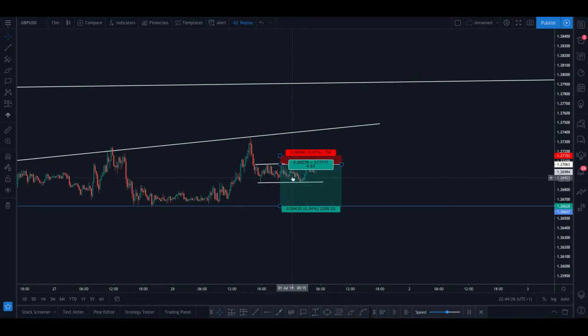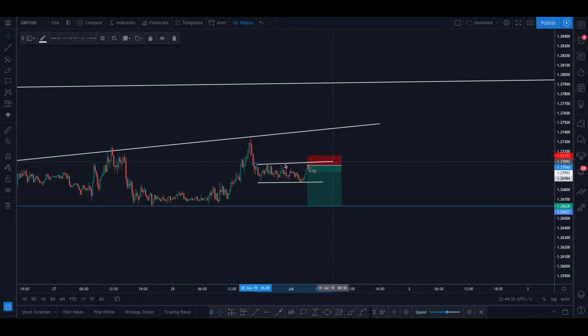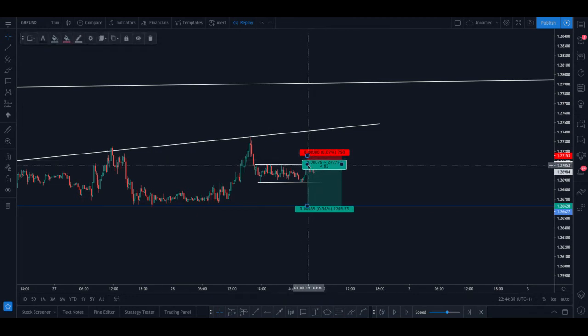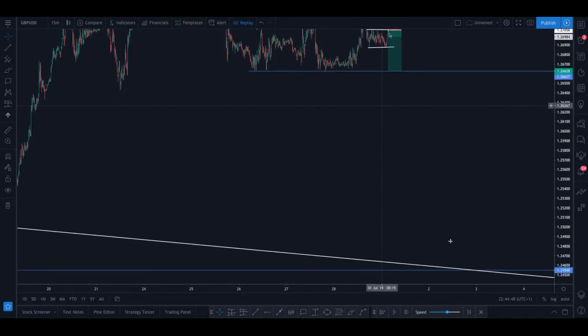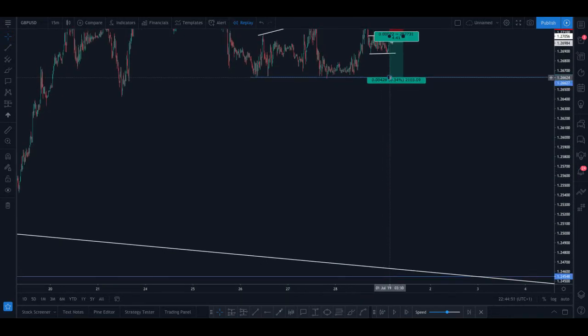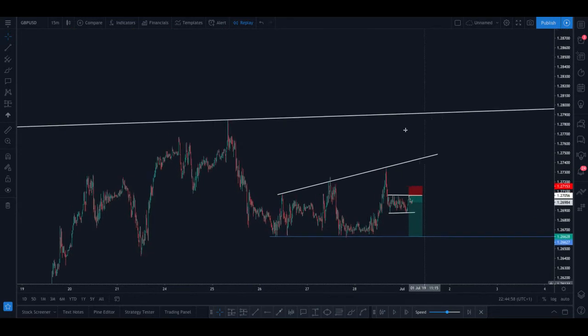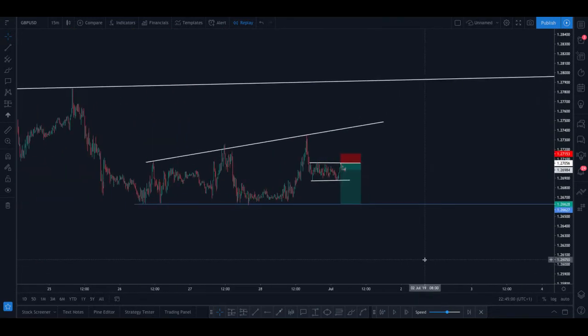So what I'm going to do is enter now, and look to short all the way to this level, and furthermore, even down to the 1.224 level. But that's definitely for the near future. It's not something I'm looking to do right now.